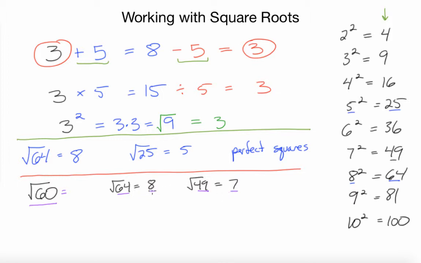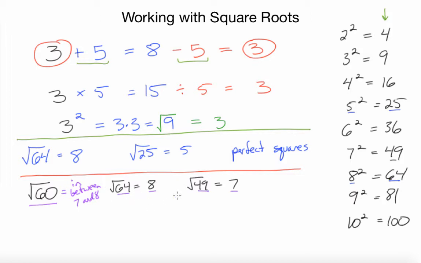In fact, it's probably a little bit closer to 8 because 60 itself is closer to 64. So I'm going to say it's in between 7 and 8. So I got a good estimate. It's probably 7.6, 7.7, 7.8, somewhere in that range.